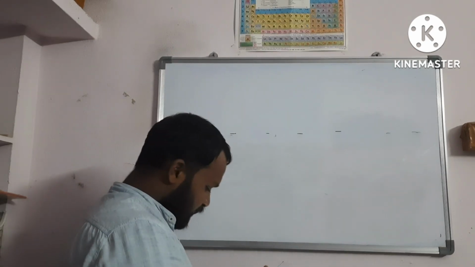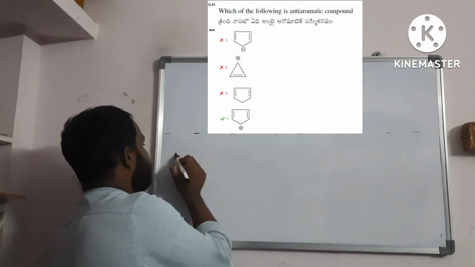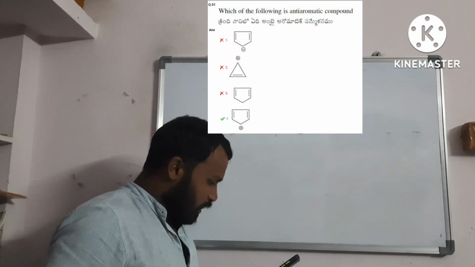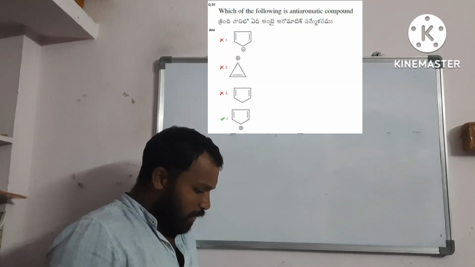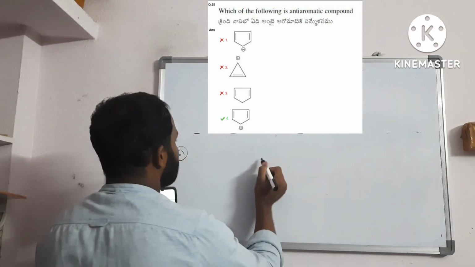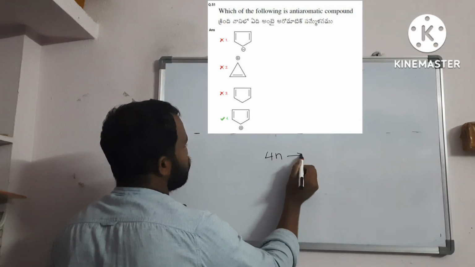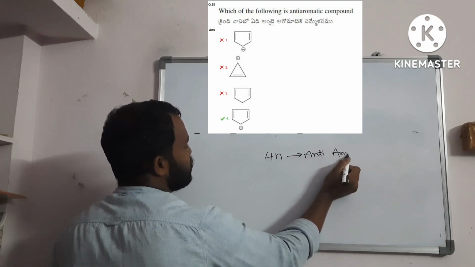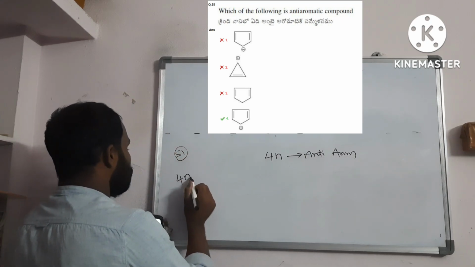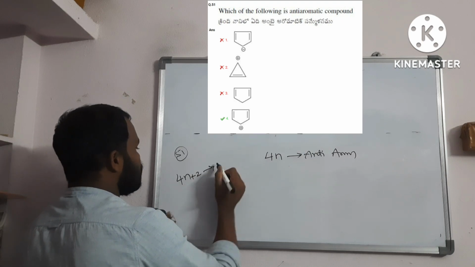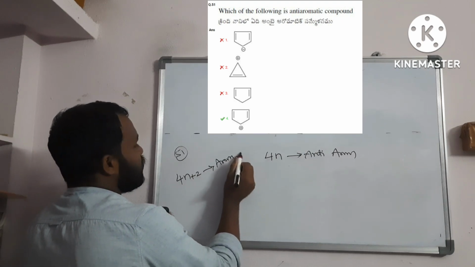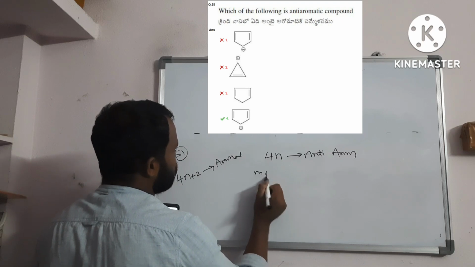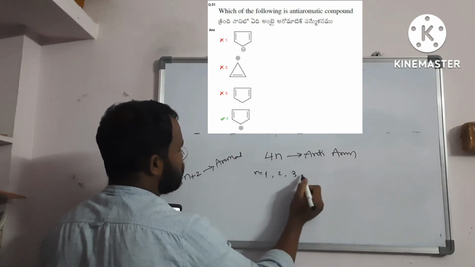Next, 51. Which one of the following is an anti-aromatic compound? The anti-aromatic rule is 4n: which follows 4n is anti-aromatic, and which follows the 4n plus 2 rule, that is Huckel's rule, is aromatic. Here n can be 0, 1, 2, 3, 4 and so on.